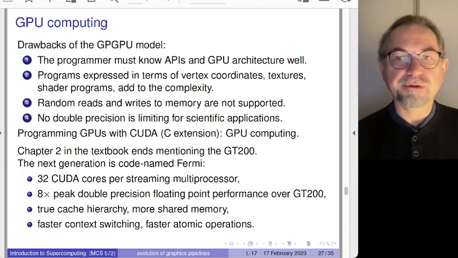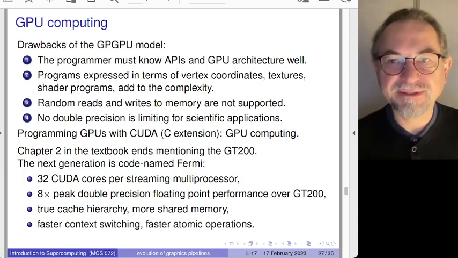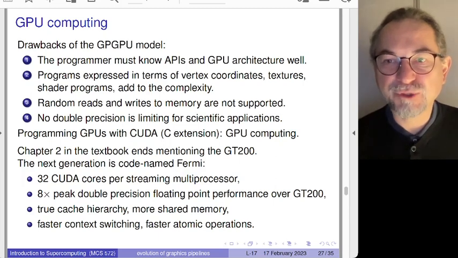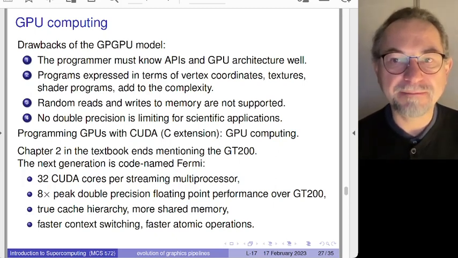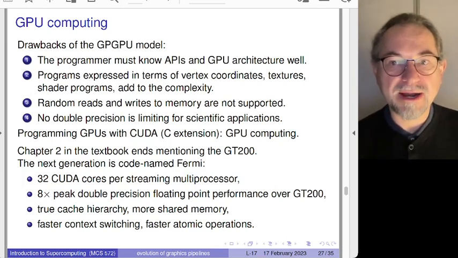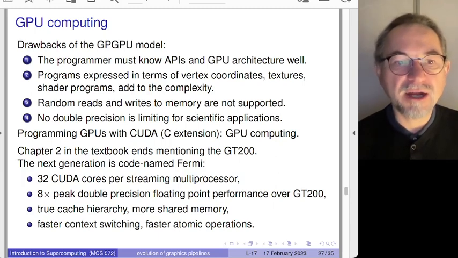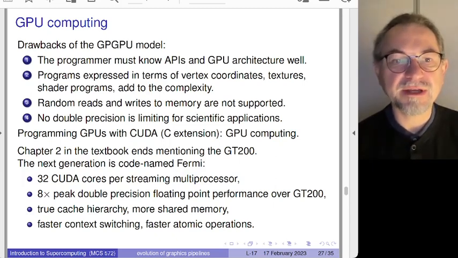Good. GPU computing. So there is GPGPU computing. In the previous lecture, I was offering the quote that programmers experienced with MPI and OpenMP will find it not that hard to program GPUs. Well, in a way, this should be a little bit modulated.